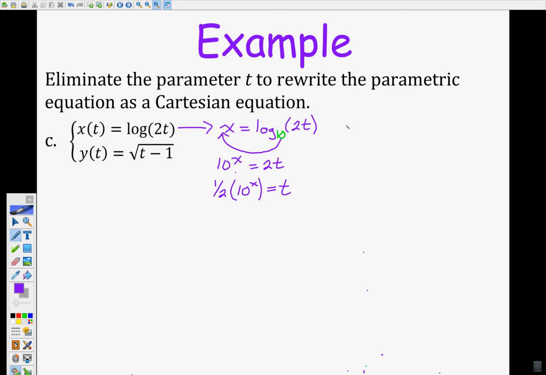So now I'm ready to move over to y. So that y of t is equal to the square root of t minus 1.